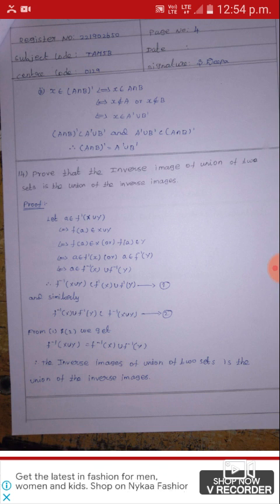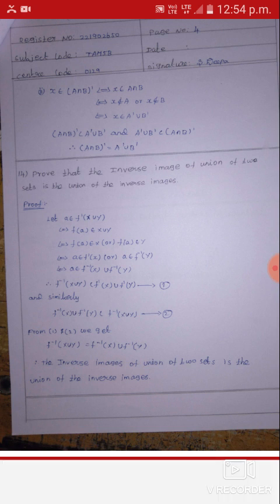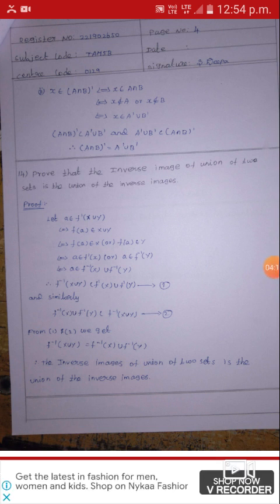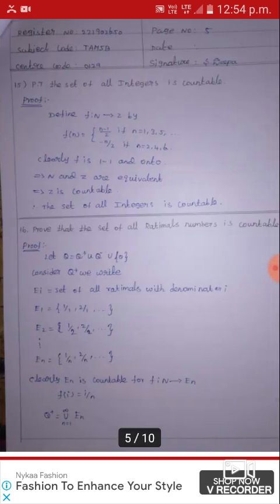That is, let a belong to f inverse of (X union Y) if and only if f of a belongs to X union Y. Union means or, we have to put or, that is f of a belongs to X or f of a belongs to Y, if and only if a belongs to f inverse of X or a belongs to f inverse of Y. We get f inverse of (X union Y) equal to f inverse of X union f inverse of Y. The inverse image of union of two sets is the union of inverse images.